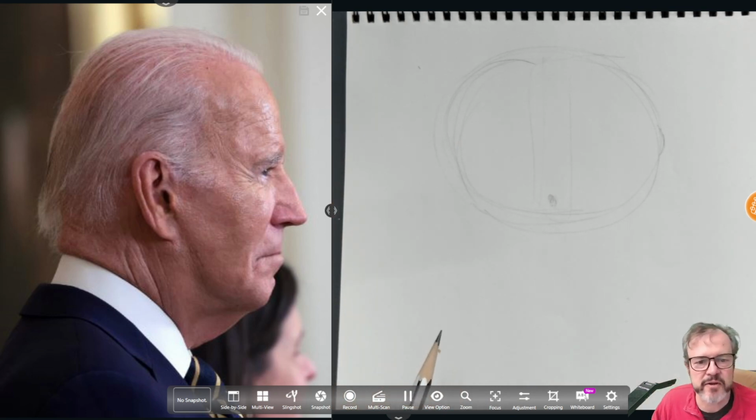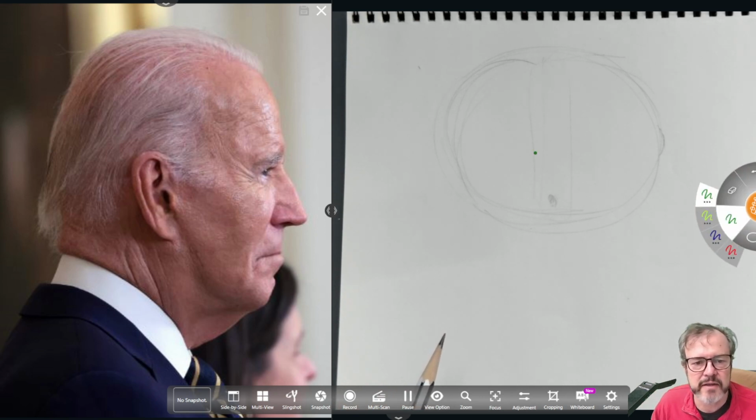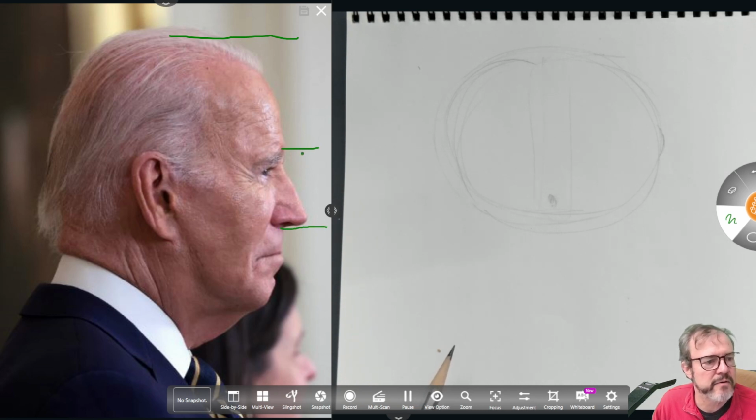Let's take a few measurements. We've got the top of the head here, brow ridge here, and the bottom of the cranium here. So he actually does have an unusual, look how tall his cranium is, right? From here to here is quite a bit larger than this unit. But these two units are indeed the same. You see that?